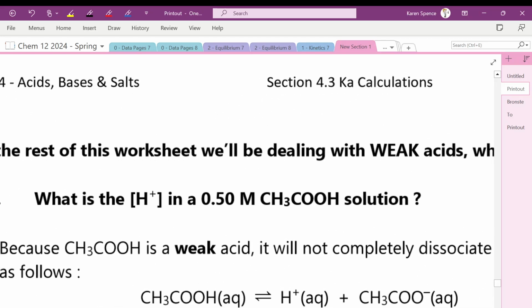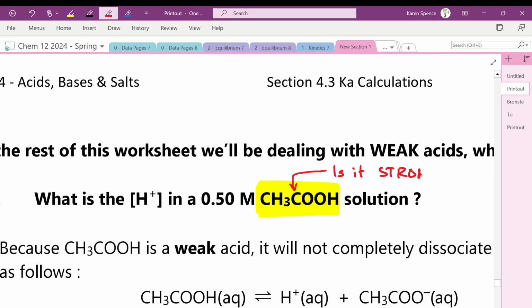So we are asked, what is the concentration of H plus in 0.50 molar CH3COOH solution? So anytime you see an acid, what should you ask yourself? Is it strong or weak?